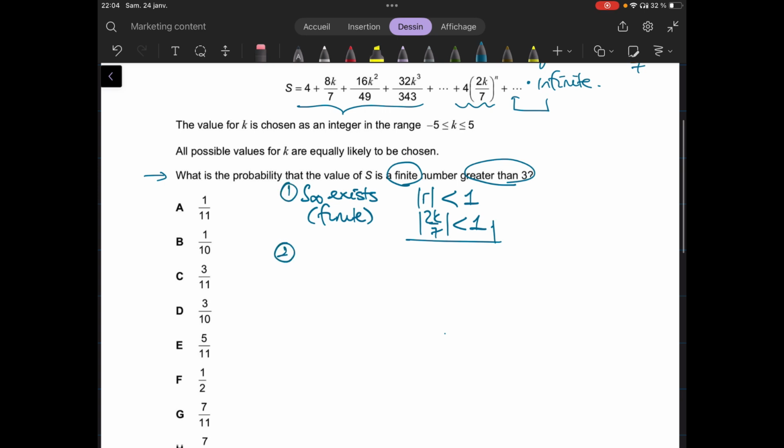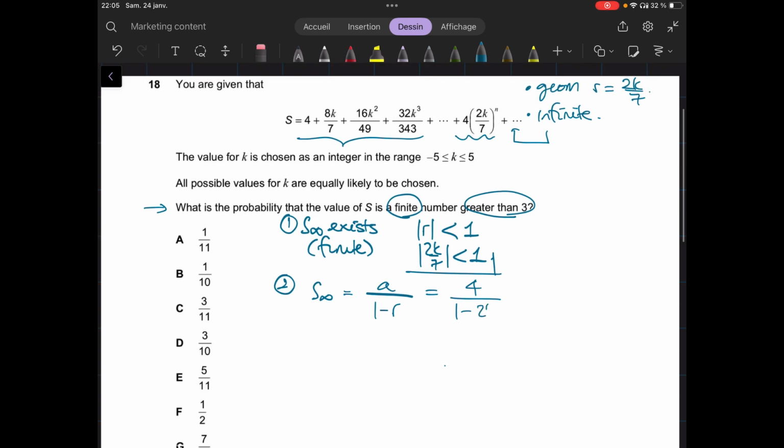Furthermore, we know that the sum to infinity is equal to the first term divided by 1 minus the common ratio. First term, 4. Common ratio, 2k by 7. We need to solve the inequality, the sum to infinity is greater than 3.